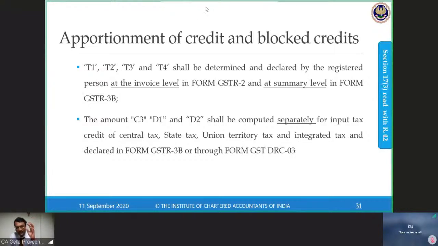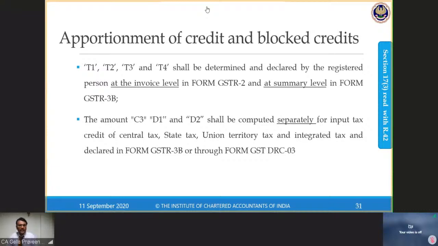Probably there is a lot of work which goes into this ITC quantification. Practically, when you have a business where common credits and specific credits are there, the work burden is very, very complicated to do this calculation.